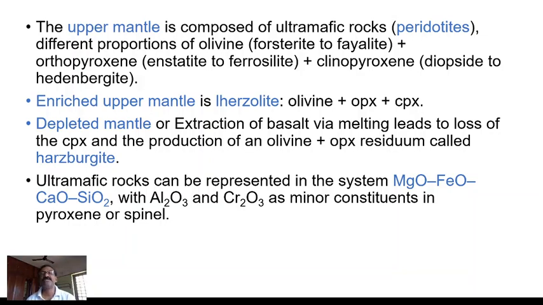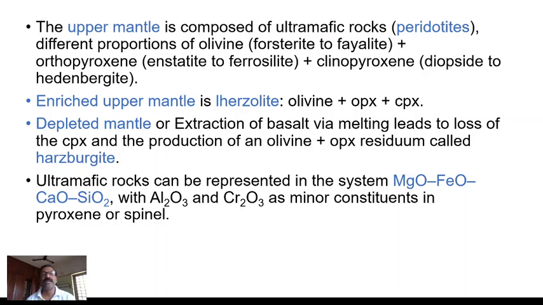The peridotites will have different proportions of olivine, from forsterite to fayalite, different proportions of orthopyroxene, enstatite to ferrosilite, and clinopyroxene, which ranges from diopside to hedenbergite.